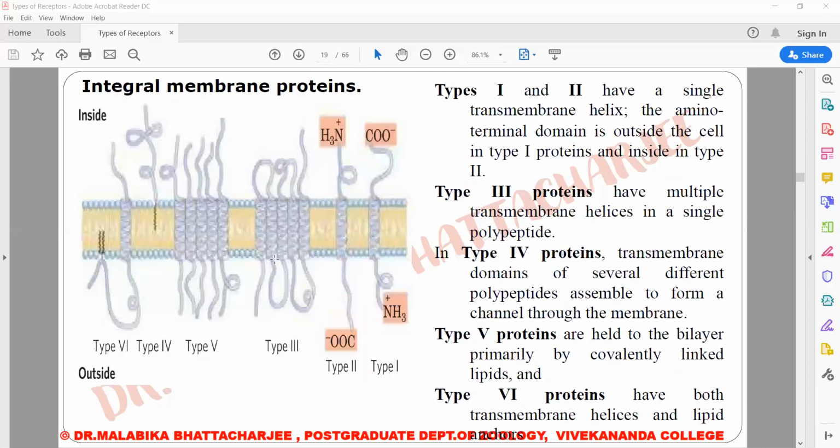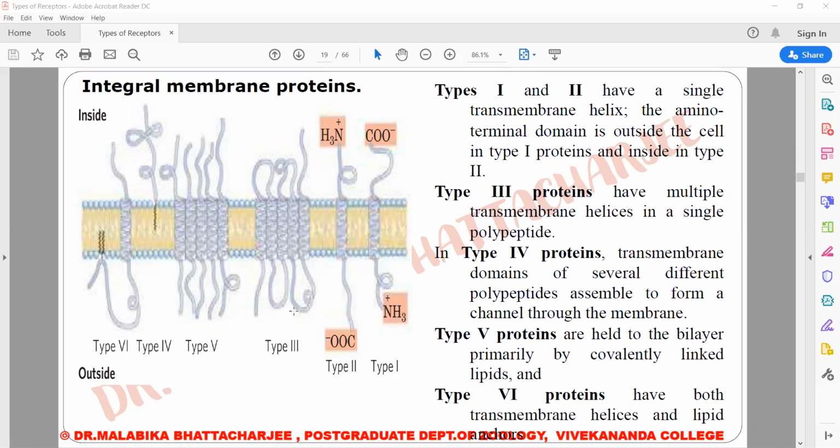Now let's see that there are a variety of integral proteins depending on which side the carboxy terminal resides and on which side the amino terminal resides. So depending on the presence of the carboxy and the amino terminal, the membrane proteins can be divided into 6 basic categories.